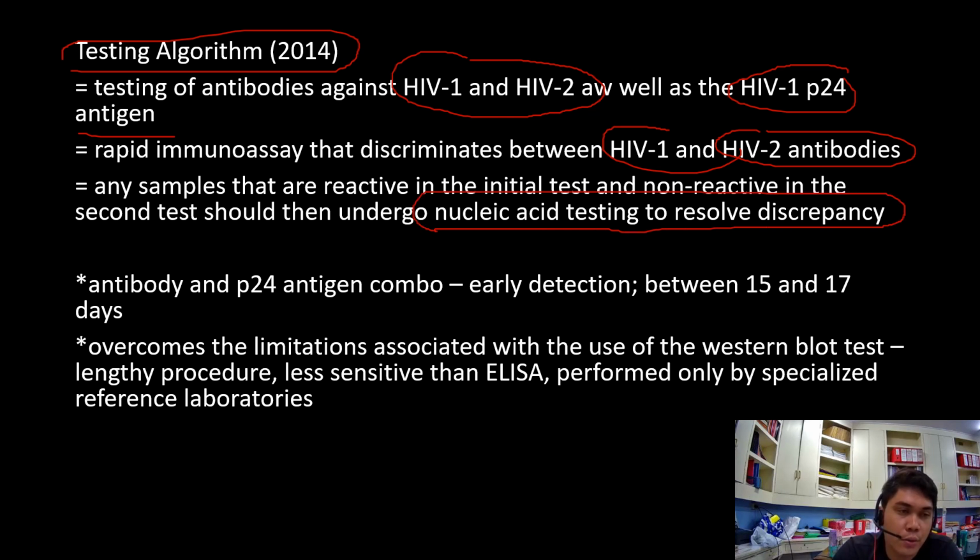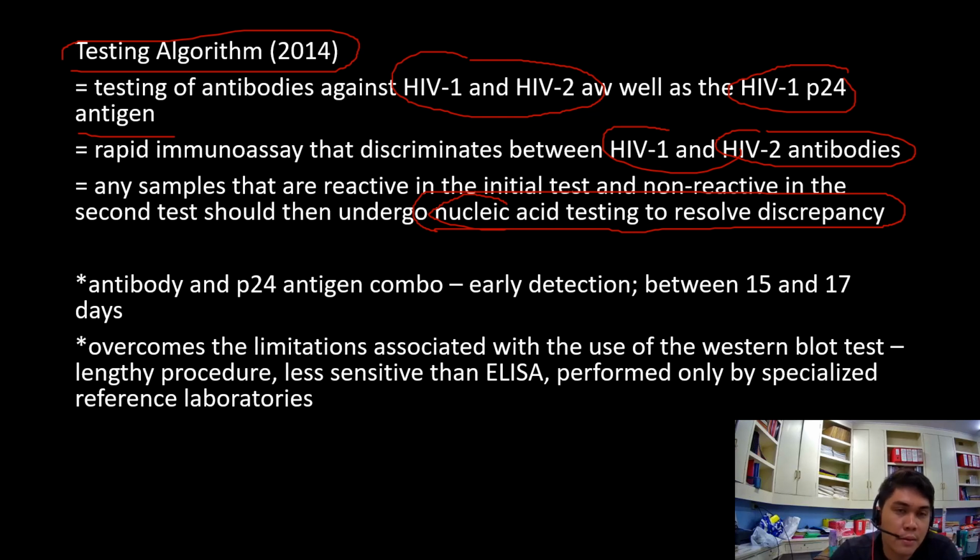Okay, so in the new testing algorithm, the first is antibody screening. Next is to identify whether it's HIV-1 or HIV-2 antibodies. The next is to confirm it using nucleic acid testing. So for the new algorithm, the confirmatory test is nucleic acid testing, not Western blot.